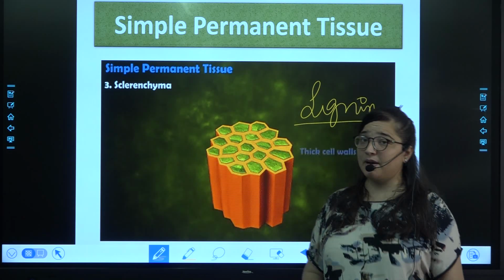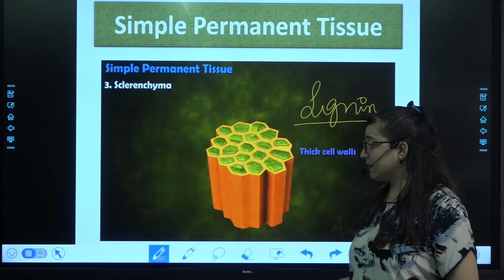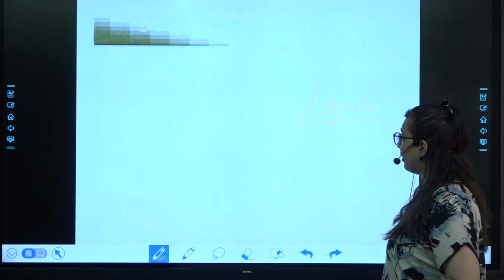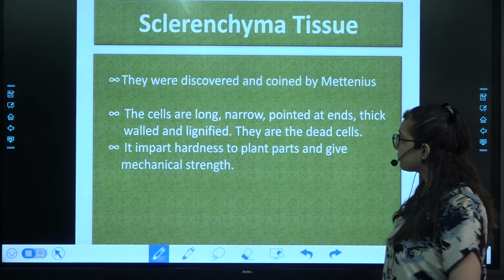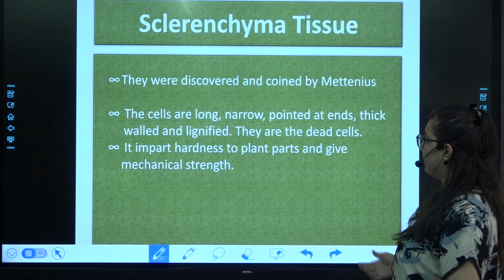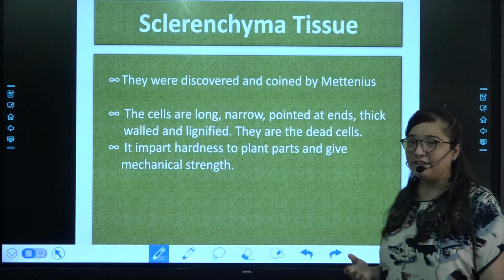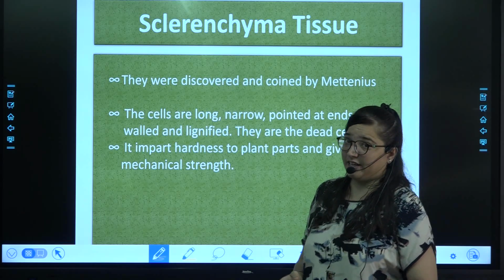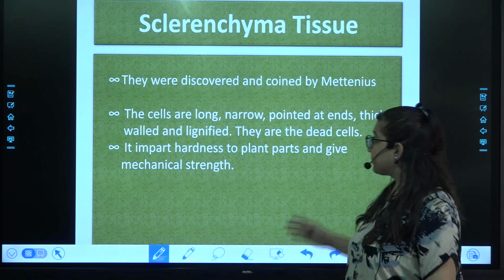Generally, sclerenchyma occurs in two parts, as shown over here. First, a little bit about some of the concepts about it, and then we'll discuss how it is bifurcated in the form of fibers and sclerites.